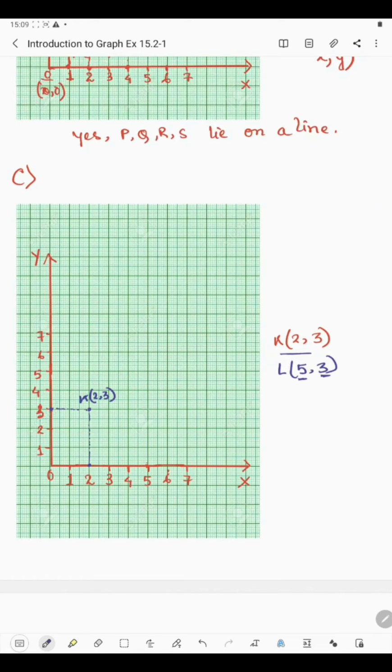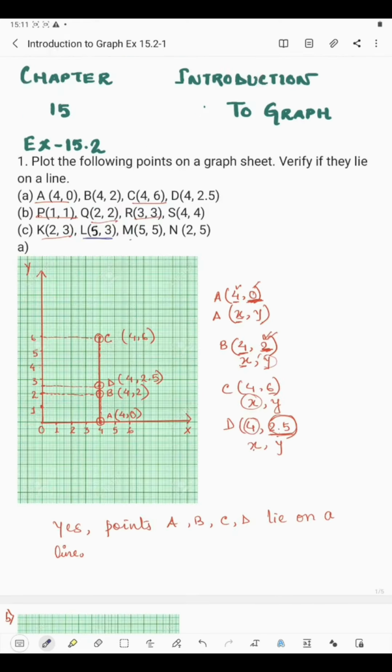So 1 2 3 4 5, here it is, and value of y we will get on the y axis. So 1 2 3 here. Now from here we will draw a line, and from here we will draw a line. So this meets over here. So this is point L, and the coordinate of point L is 5 and 3.